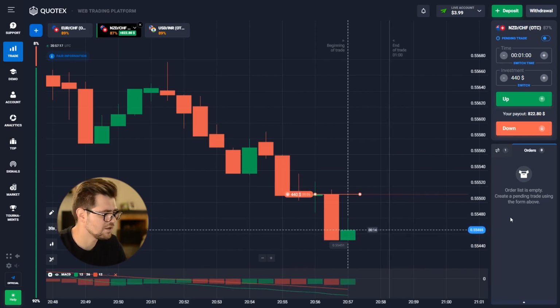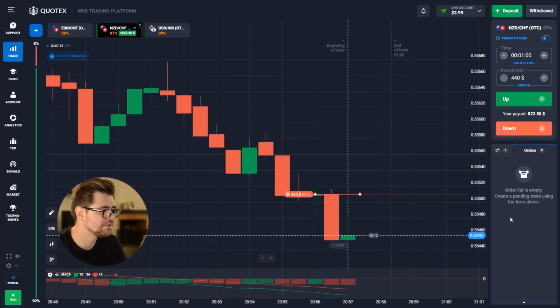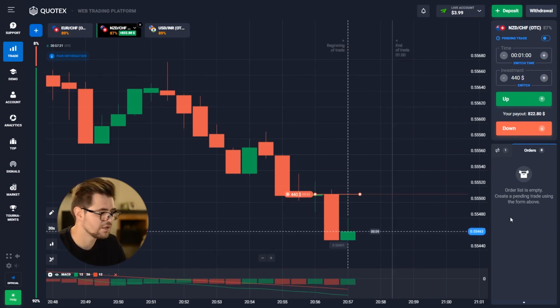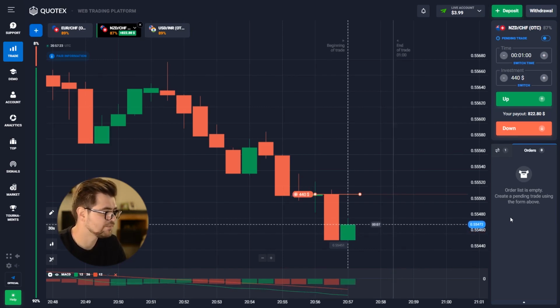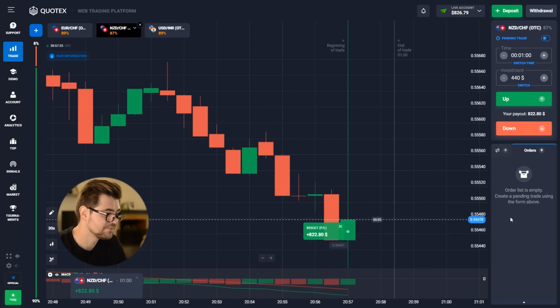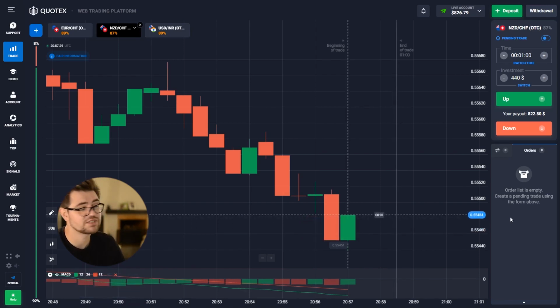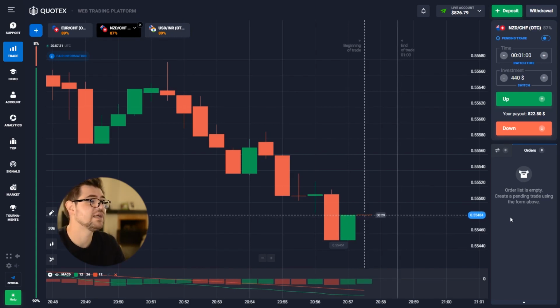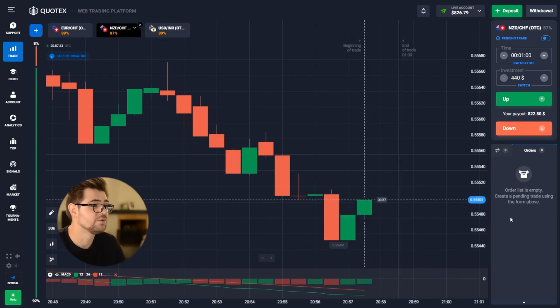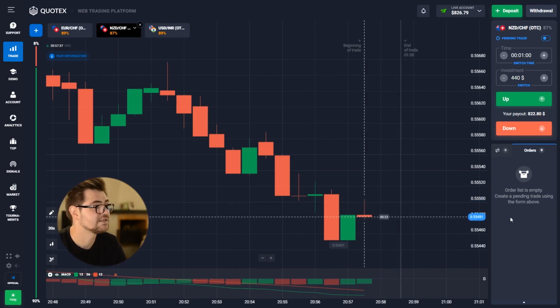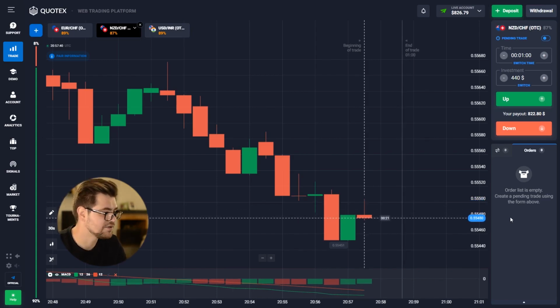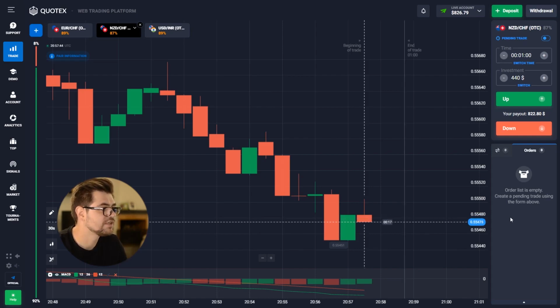So to go back up from this position, it needs a bit more time, same as with the other currency as I was showing. See, we got a profit here, 826 already. So we started with 10 bucks and we almost made 80x, basically, even 81.